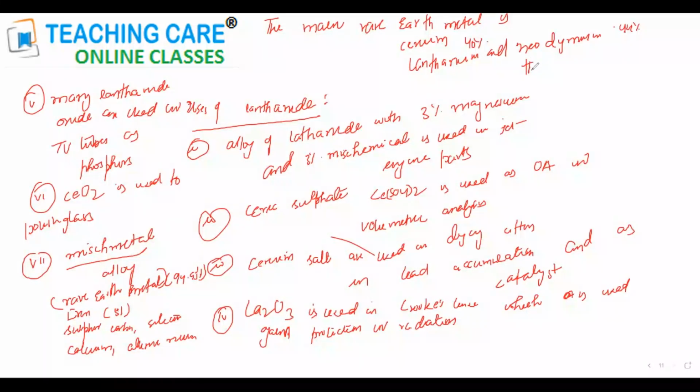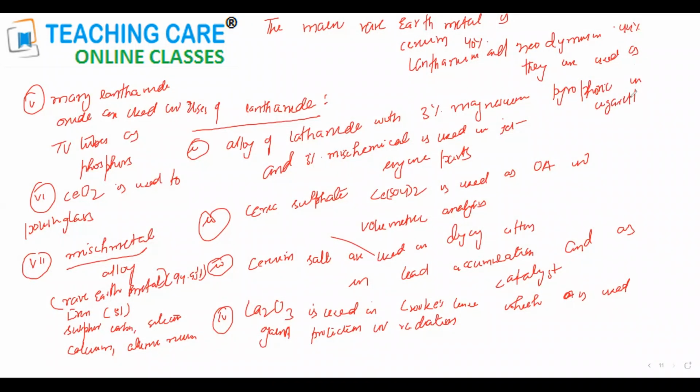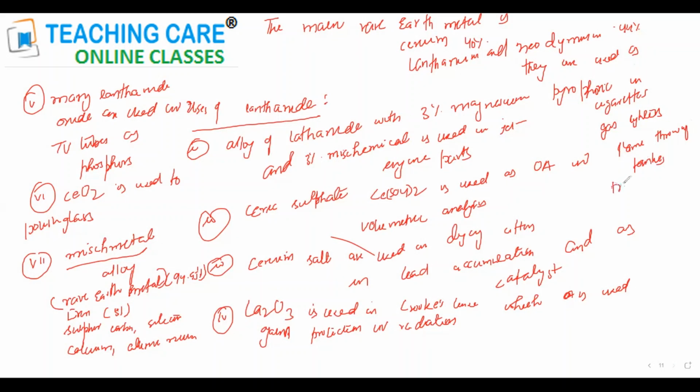What are the uses? These metals are used as pyrophoric, an alloy that catches fire, in cigarette and gas lighters, flame throwing tanks, tracer bullets, and shells.